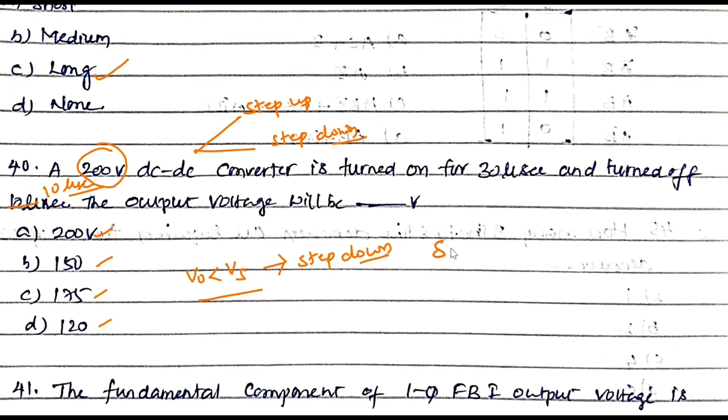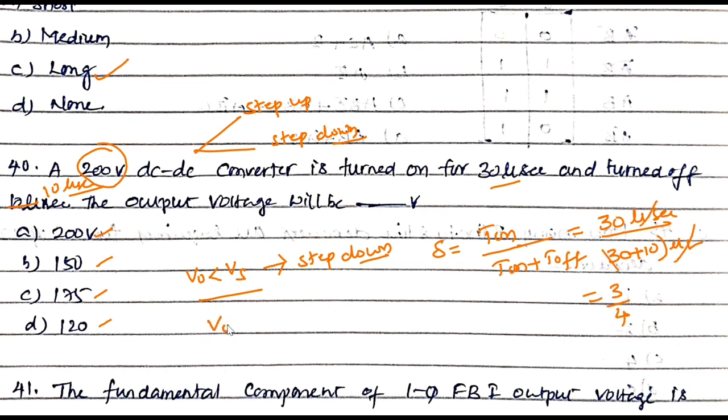Now we need to find the value of delta. Delta is nothing but T on by T on plus T off, right? Now what is the T on? It is on for 30 microseconds. So 30 microseconds divided by T on plus T off, that means 30 plus 10 microseconds. So it's nothing but 3 by 4, you get it, right?